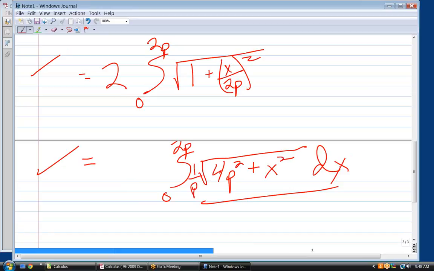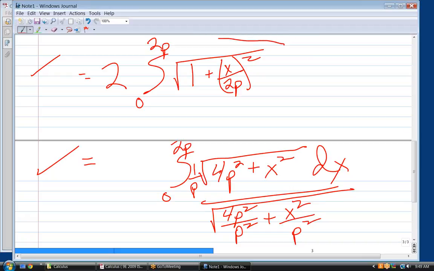Now if I want to put it inside the radical, I have to square it, right? So I would have 4p squared divided by p squared, plus x squared divided by p squared. Notice that's very close to this.